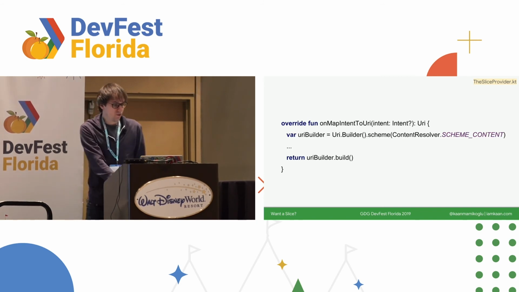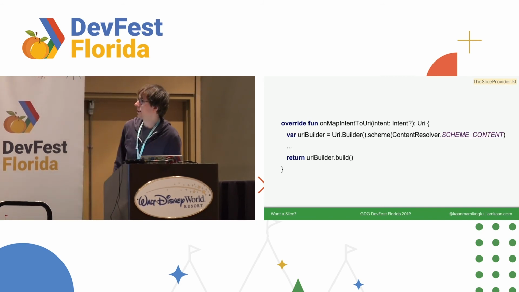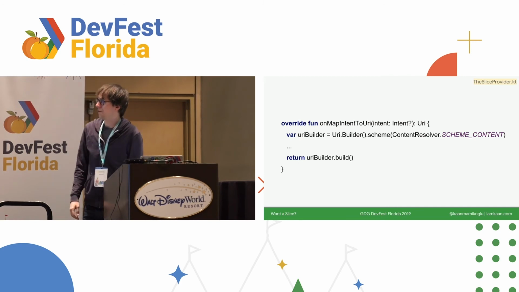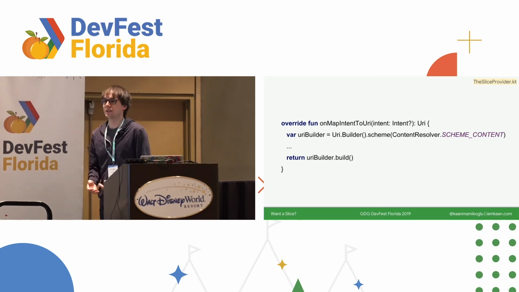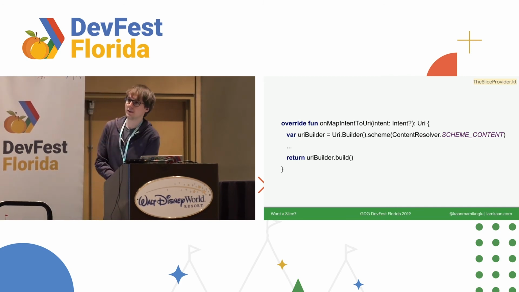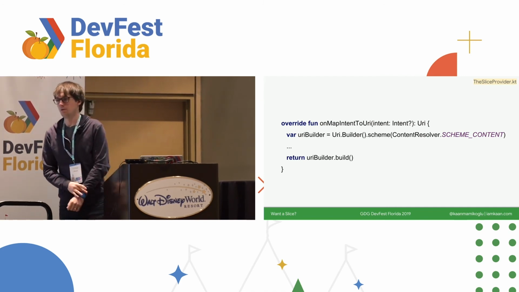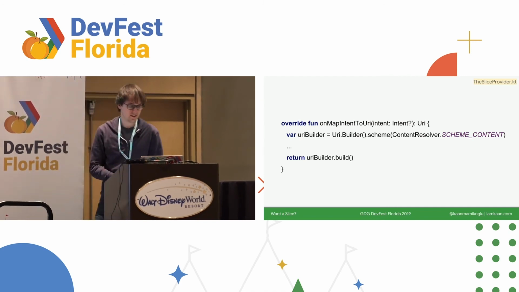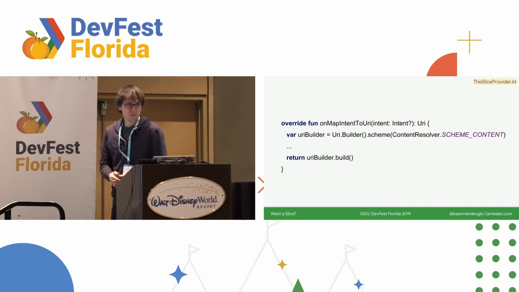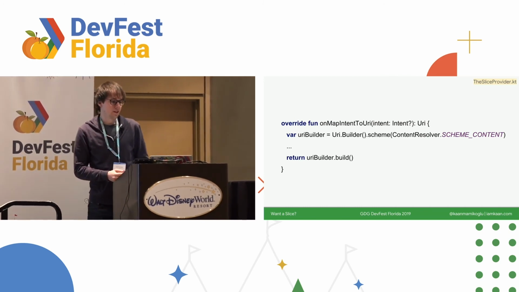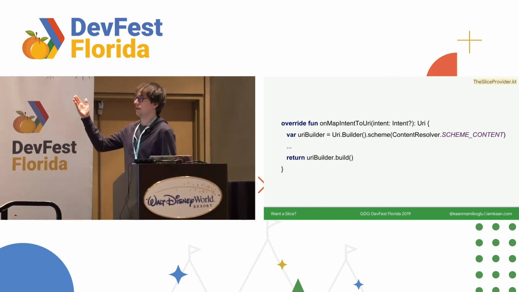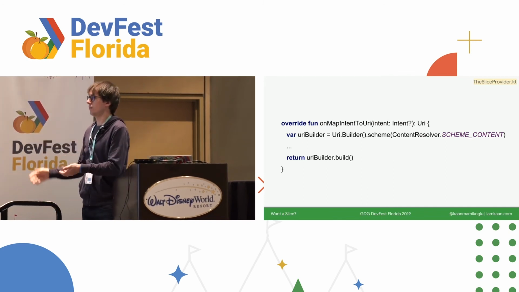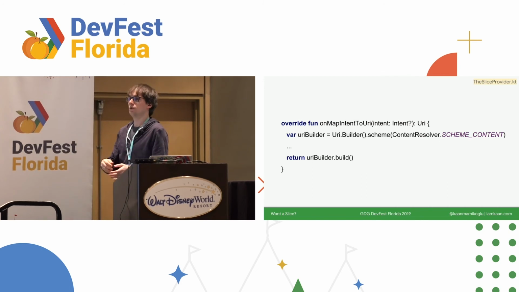And then there is onMapIntentToUri, where you receive an intent which contains the URL which is launching the slice. And then you convert that to a URI. Again, this is actually already a filled-in method, so if you don't do anything, in most cases it works.